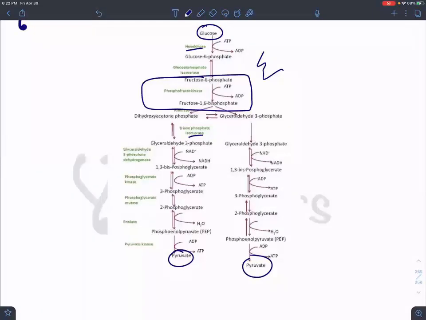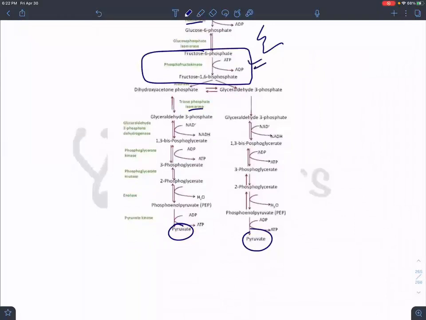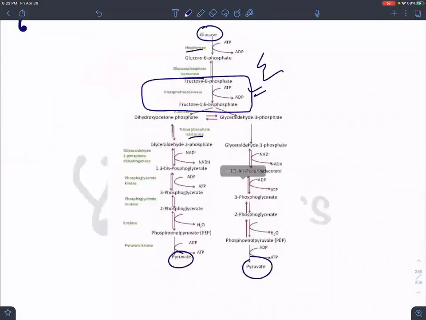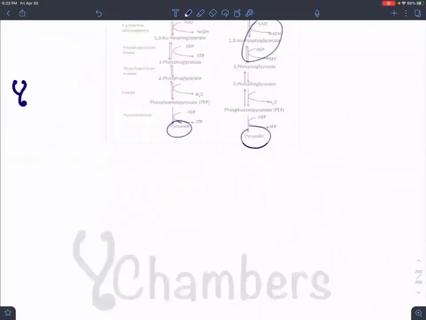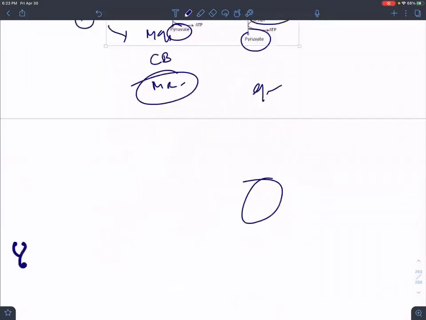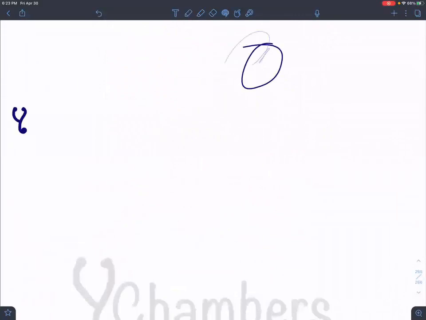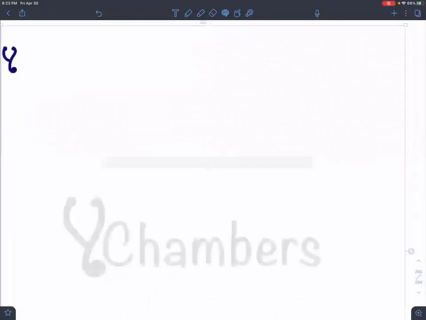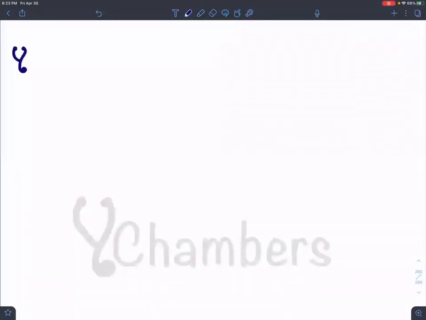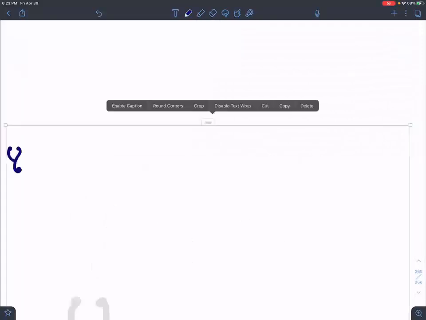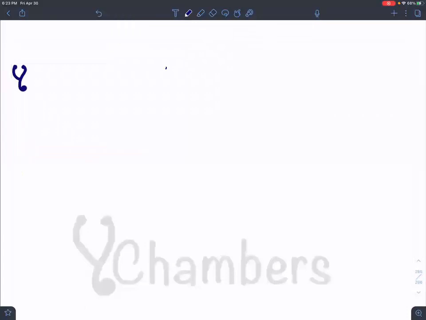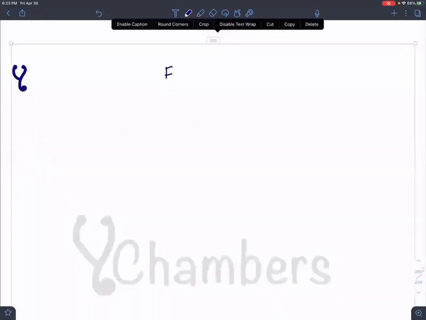Now see friends, if I take this sample here, I am extracting this sample and writing it here. Now see guys, if I take this enzyme, what happens to this?